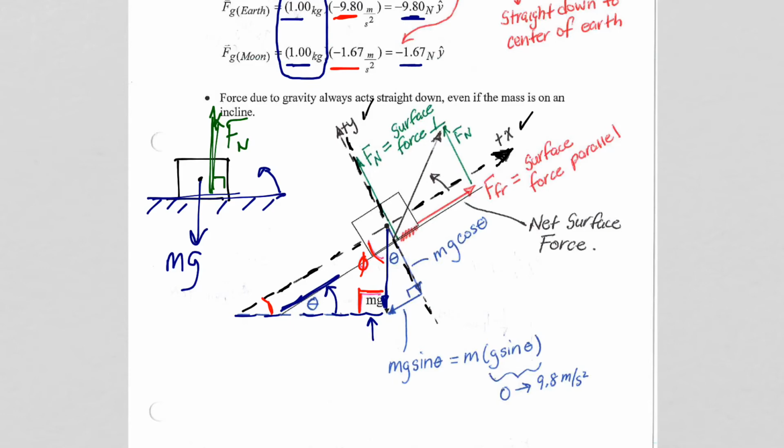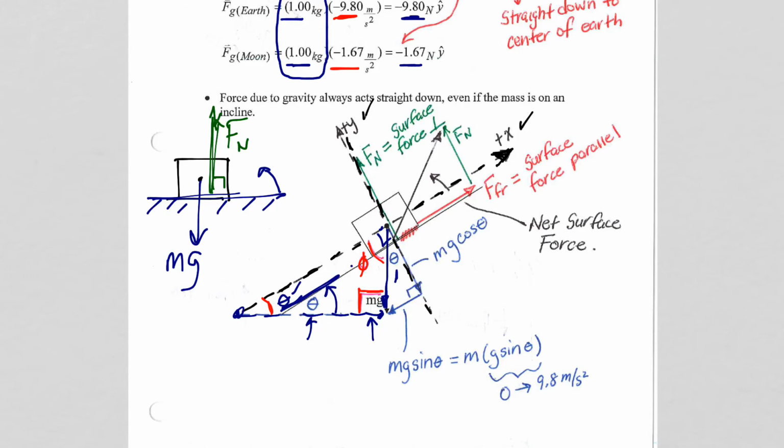Theta, which is also this theta in the triangle here, here, and here, phi and the 90 degrees make 180 degrees, so theta and phi are 90 degrees. So that means if I have 90 degrees here, the angle that I've drawn inside here will be theta. You do not need to go through this geometry each and every time you solve incline problems.